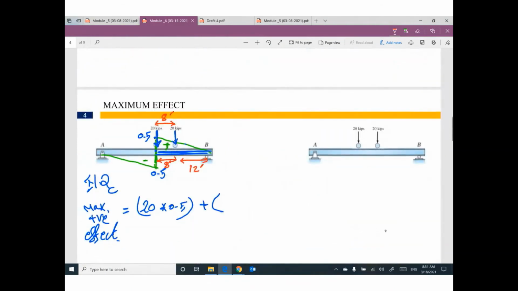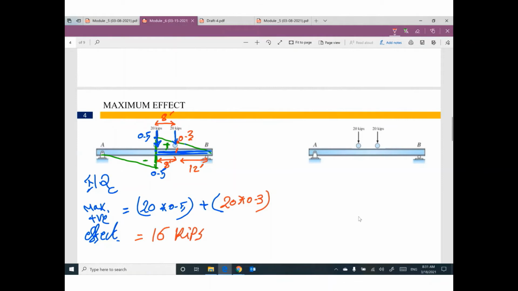So can you tell me what is the value of the diagram here? By triangle similarity, I can tell you. 12 divided by 20 times 0.5, it will be 0.3. So 20, the second wheel, times 0.3. So the final value will be 16 kip.